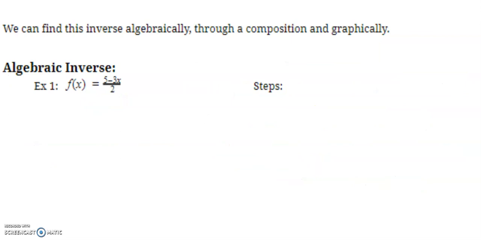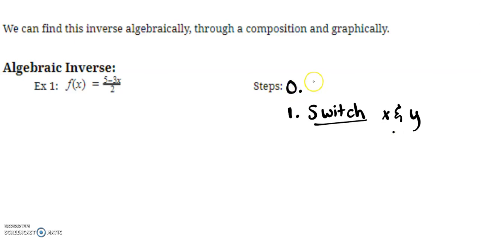Okay, so how do we do this? Well, really, there are two key steps, okay? The first thing you want to do is you want to switch, there's that word again, x and y. Now, if you don't see y in there, that's because maybe there's like a step 0, which is you need to rewrite f of x as y, or whatever the notation is.